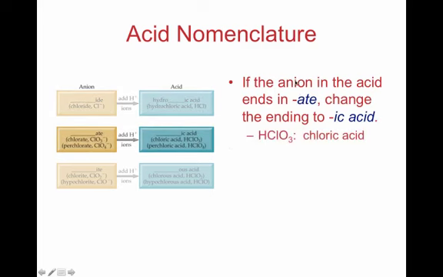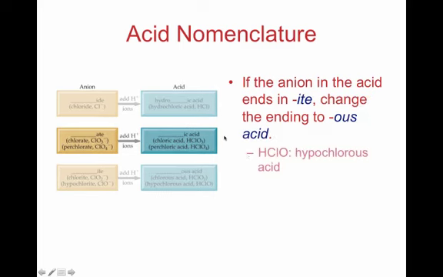If the anion, this is dealing with polyatomic anions or oxyacids, ends in ATE, for example chlorate, change the ending, the ATE ending, to IC. So we would have chloric acid. Or if we have ClO4, our perchlorate anion, we would have perchloric acid. We're going to change that ATE to IC.